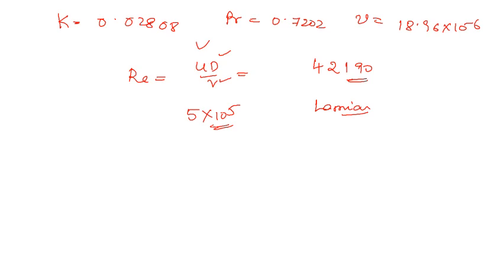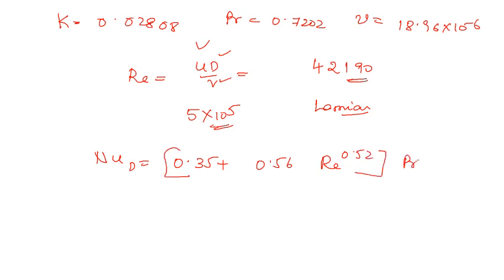From the data handbook, we have a correlation Nu D is equal to 0.35 plus 0.56 Reynolds to the power 0.52, and here Prandtl to the power 0.333. So Nusselt number comes to be 128.